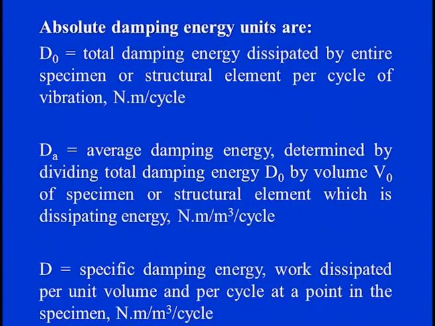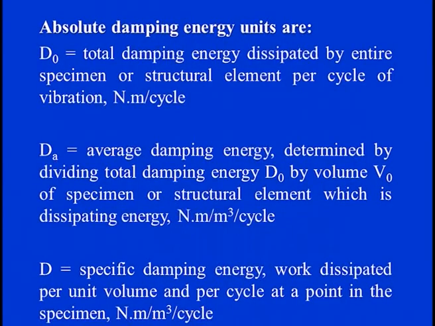Second, if we are not going with the total damping energy being dissipated, we go with the average damping energy, which can be calculated using the total damping energy dissipated by the entire structural element divided by the volume of the entire specimen.